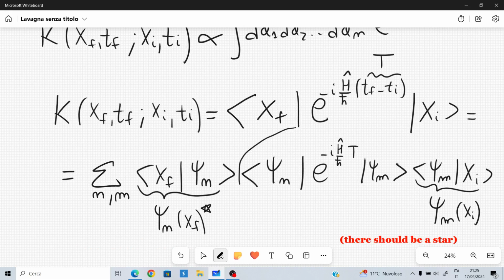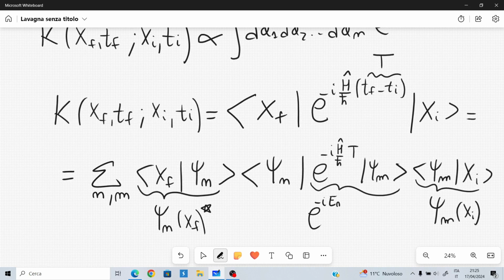And finally, you can see that what we have here, now I'm assuming that this wave function is an eigenstate of the Hamiltonian, so when this operator acts on this state, it will give rise to e to the minus i, the energy with the subscript m, T, divided by h bar, and then we get the state psi sub m.